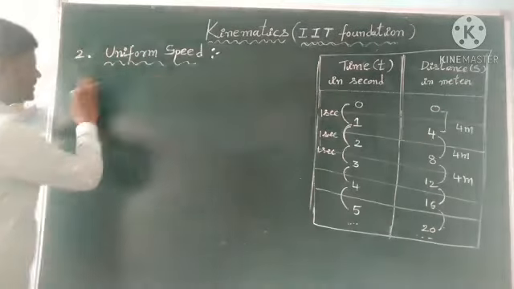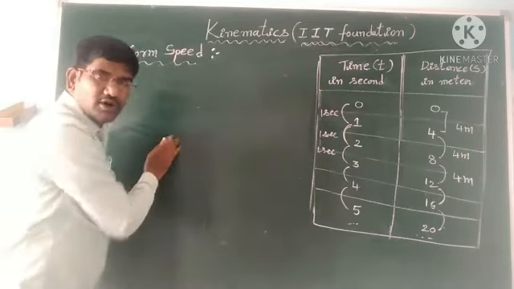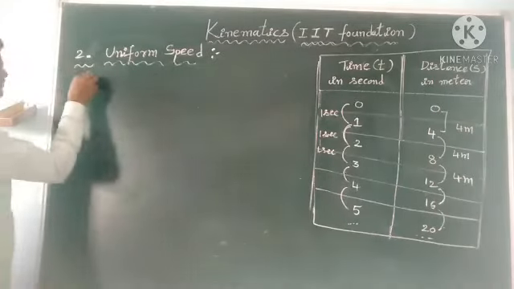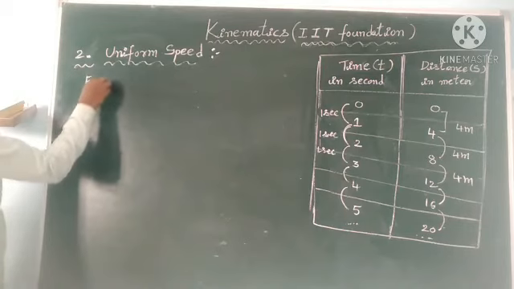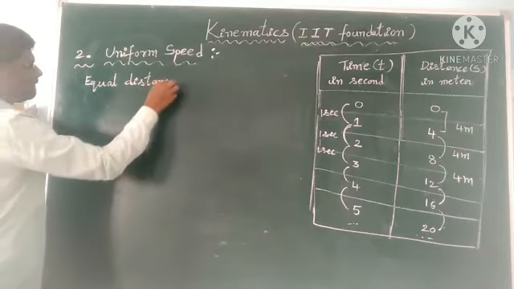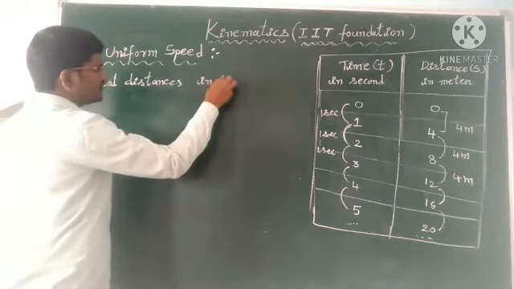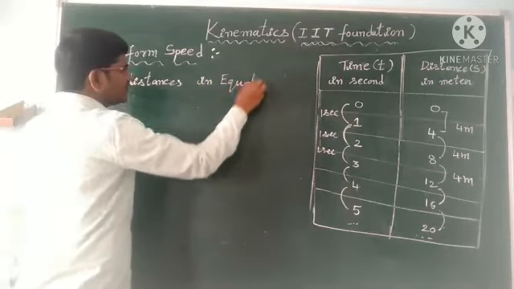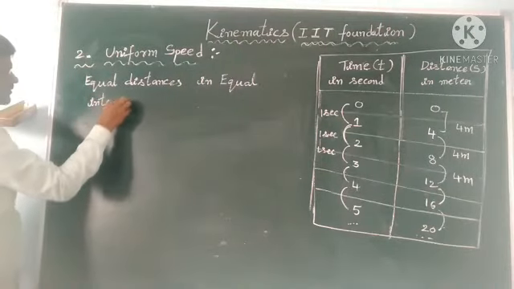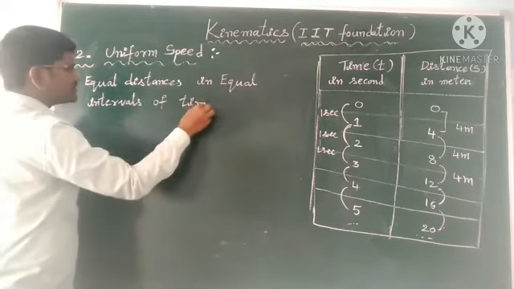So we say here, students, the important keyword for uniform speed is equal distances in equal intervals of time.